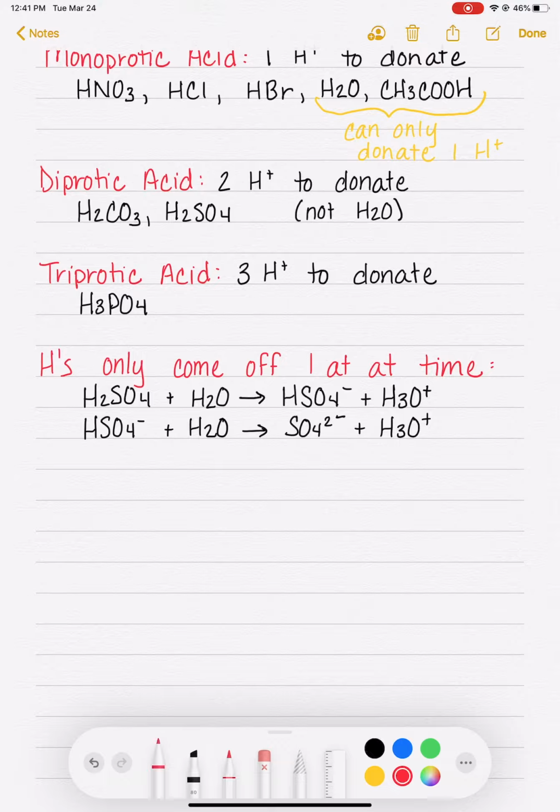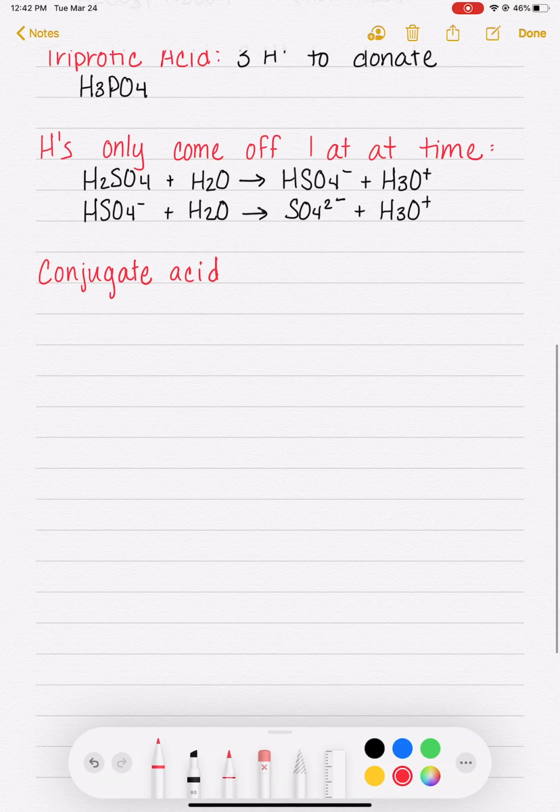So the next thing that we're going to look at is something called a conjugate acid and also a conjugate base.